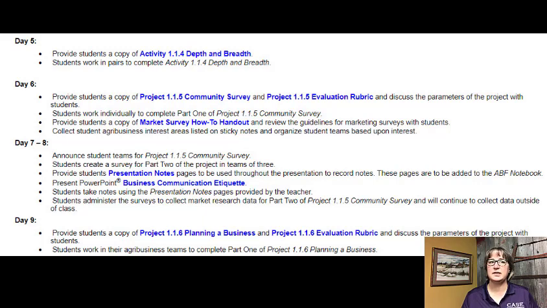On Instructional Day 6, students will need Project 115 Community Survey, Project 115 Evaluation Rubric, and Market How-To Handout. For Instructional Days 7 and 8, students will be presented the Business Communication Etiquette PowerPoint and utilize the presentation notes page to record important information.